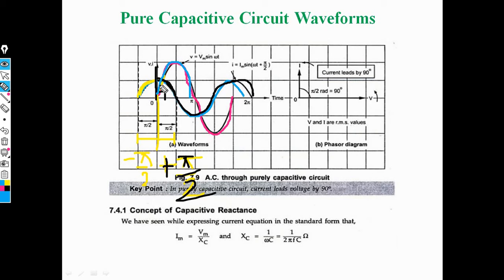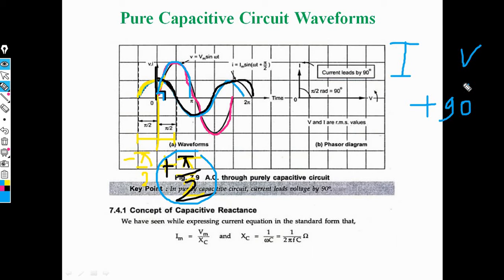This is the voltage and this is the current waveform, and here the angle is 90, that is plus pi by 2. That means current I leads voltage by plus pi by 2, that is 90 degrees. So in a pure capacitive circuit, current I leads voltage by 90 degrees.